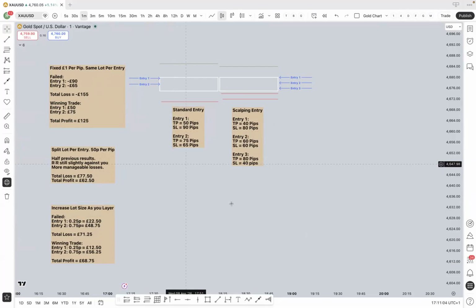So we move over to our scalping group, okay? And we'll do the same again. Fixed £1 per pip. Same size. Cloud zone.